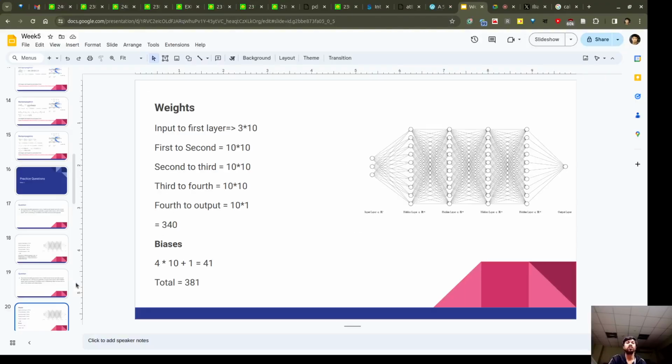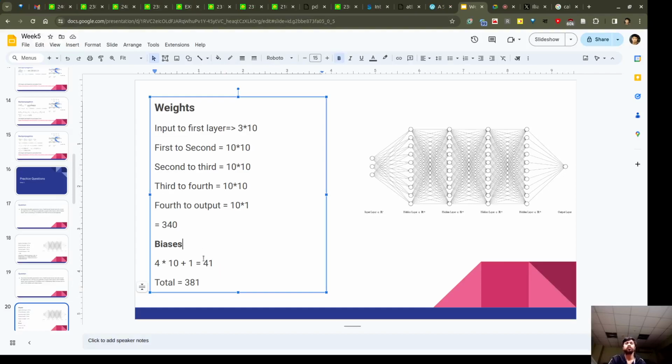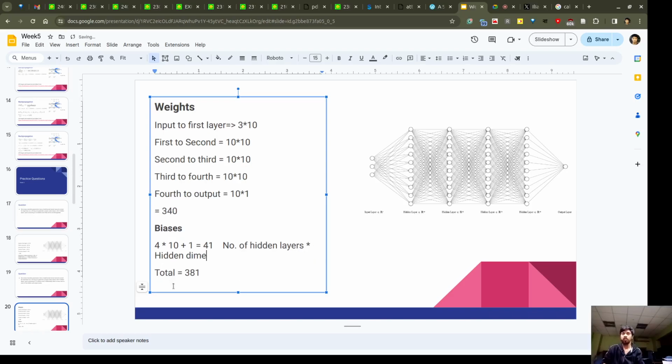So how can you calculate bias? We can do number of hidden layers into hidden dimension plus output dimension.